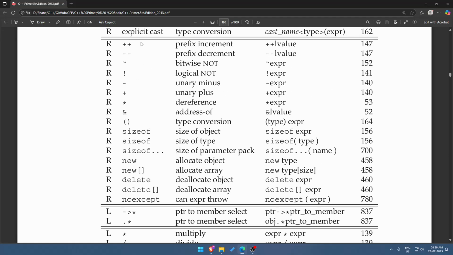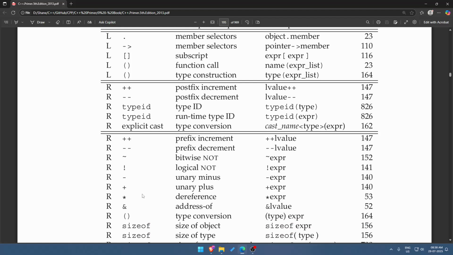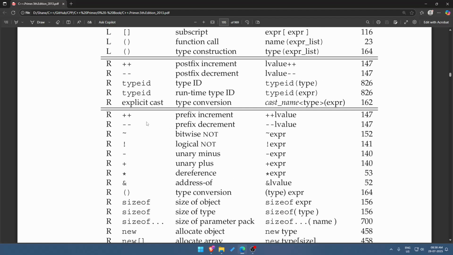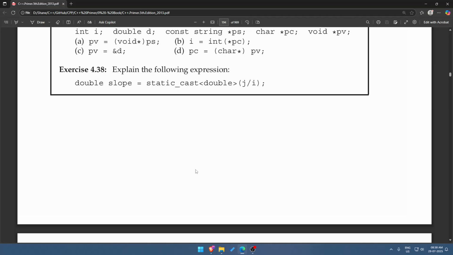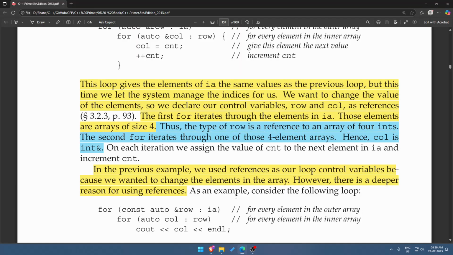Okay, they all have the same precedence. Postfix, typeid, explicit cast have the same precedence, and using associativity, it is evaluated left to right. Okay, got it.